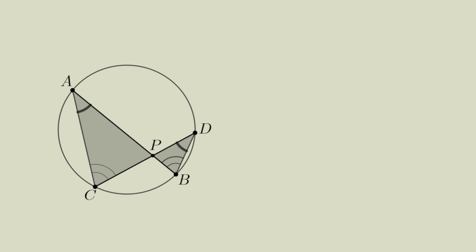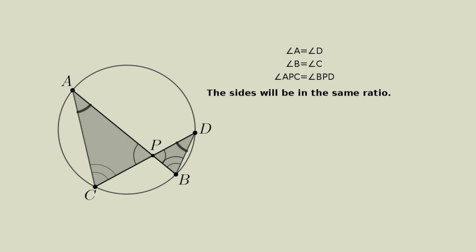If 2 angles of a triangle are equal, then of course the third angles will also be equal. Since the angles of the two triangles are equal, the triangles are similar. In similar triangles, the sides will be in the same ratio. Let us think about the similar sides.